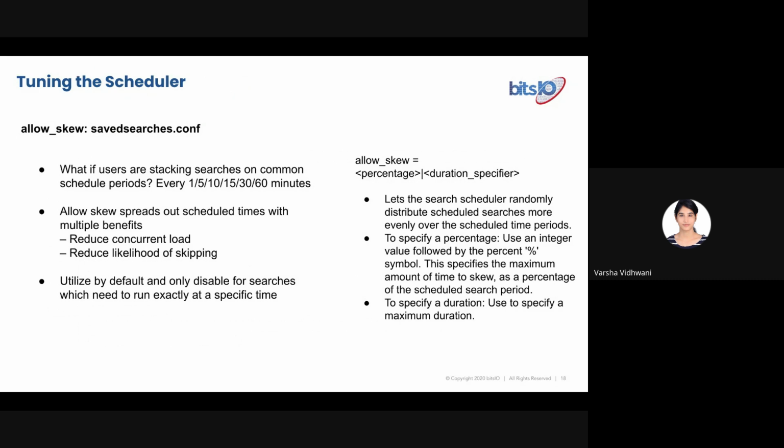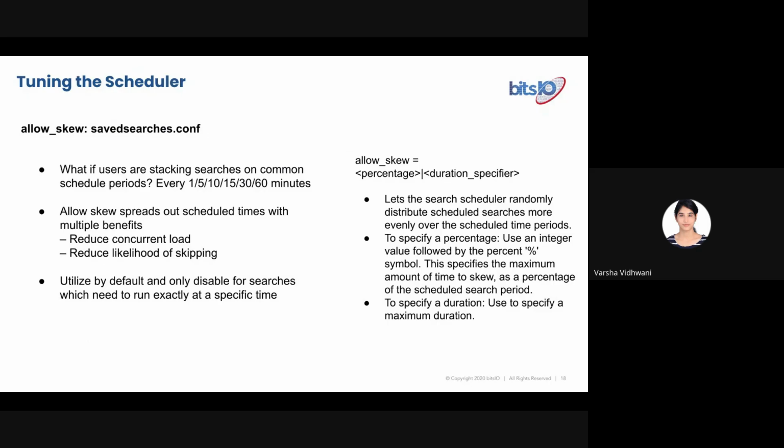One of the best ways to fix it is by using something called allow skew. Not sure if anyone has already used it, but this is a very good option to fine tune the scheduler. It is basically telling Splunk, don't run this search at the exact scheduled moment; you can spread it out a little.